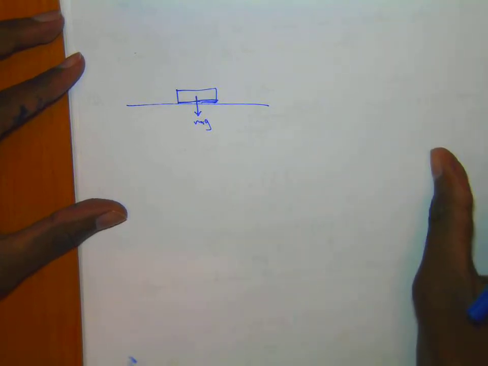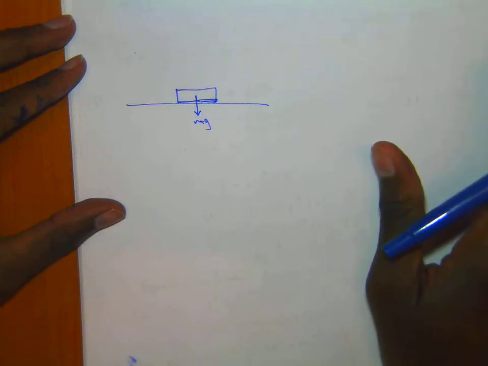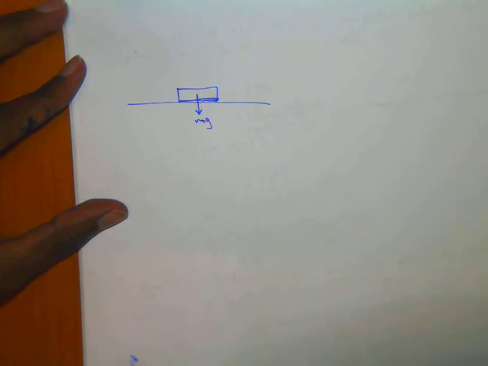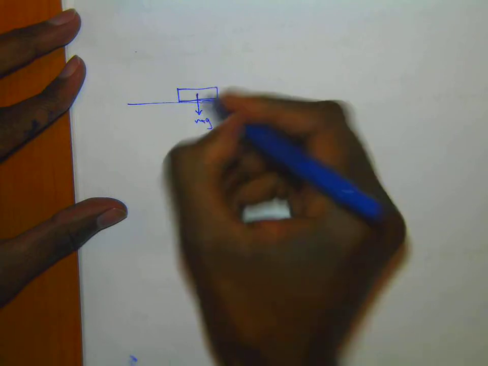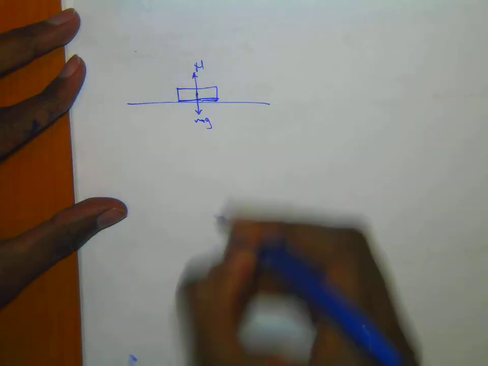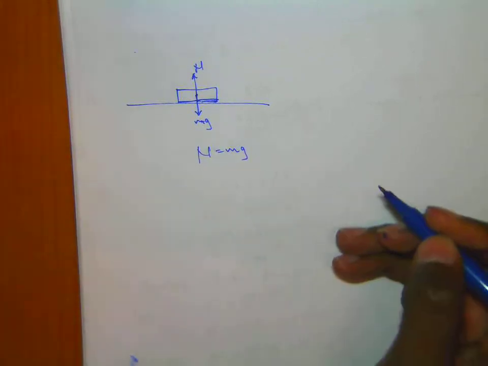So there's no resultant force. Is that right? So there should be another force balancing it. So all the forces cancel vertically. So there must be another force exerted by the table, the normal force. And if there is no motion there, then N is equal to mg. Is that okay?